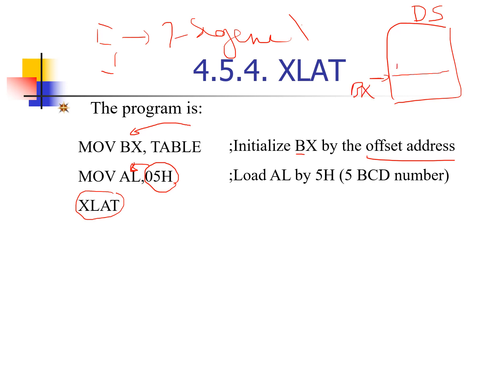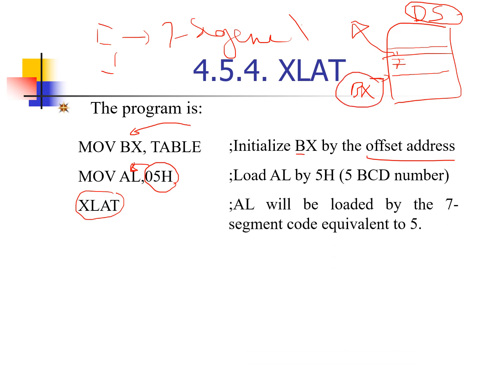Then add 5 locations according to AL. Then it takes the byte inside this memory location. So the physical address is calculated as such: DS times 10 plus BX plus 5. So AL will be loaded with the 7-segment code equivalent to 5 from here.